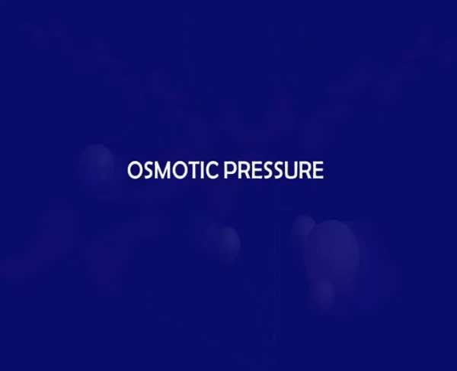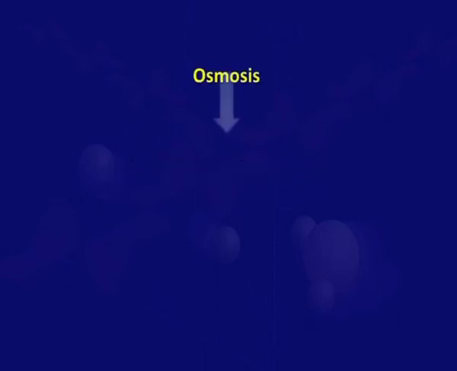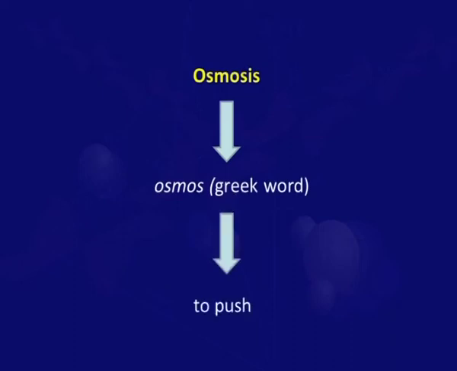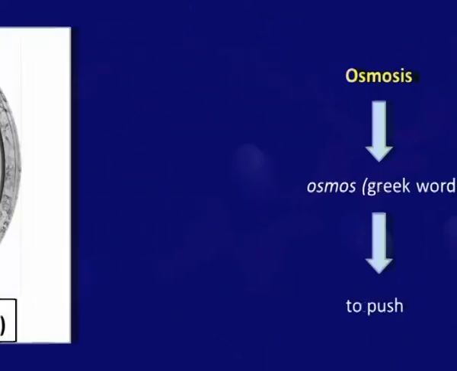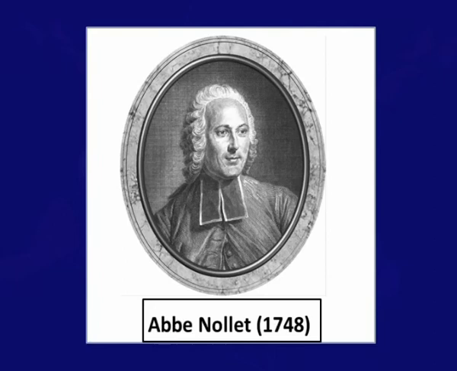There is another very important colligative property known as osmotic pressure. Osmosis has been derived from the Greek word osmos, which means to push, and this phenomenon was first observed by Abbé Nollet.